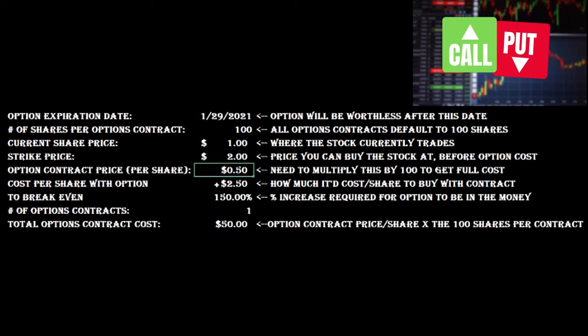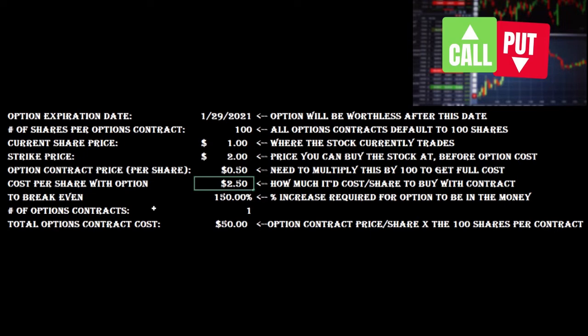So what that means is your break even is always going to be the options contract price per share that you're paying, that premium, plus the strike price, which is the price that you have the option to buy it at. So in this particular case, it's currently trading at $1. This stock, in order for the option to be exercised where you're making money, would need to be over $2.50.